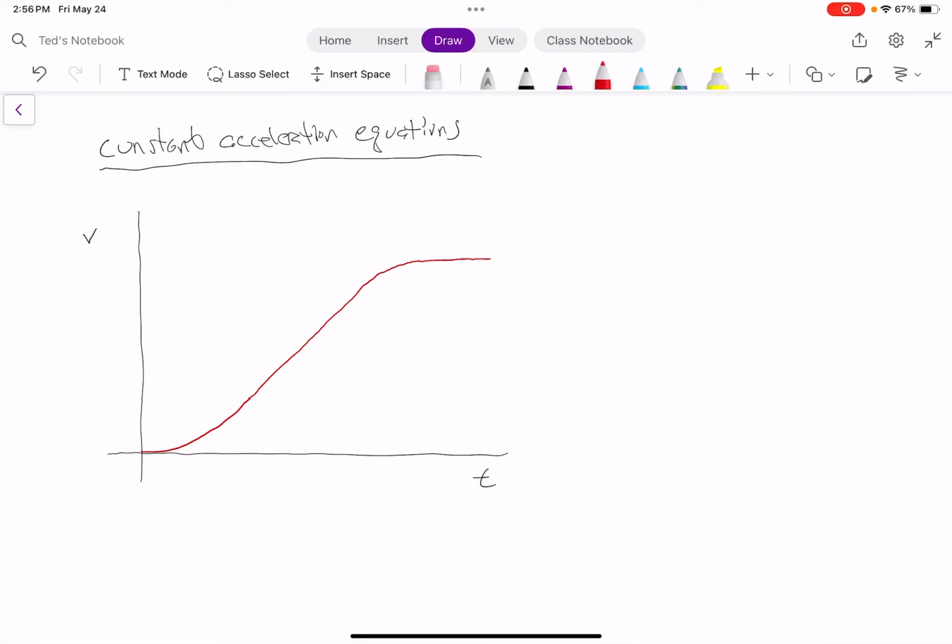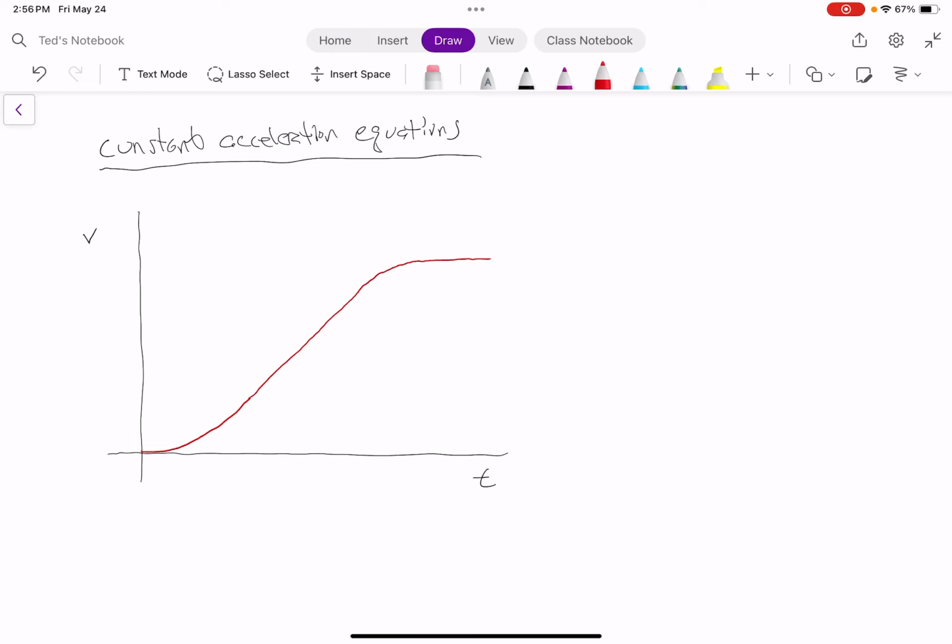Okay, so a lot of the problems this week deal with a very specific situation, and the very specific situation we're dealing with is constant acceleration in a straight line. Now, here's a velocity versus time graph, and on a velocity versus time graph, acceleration is the slope.